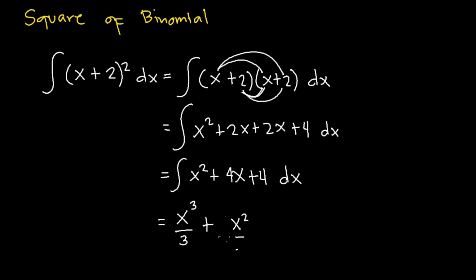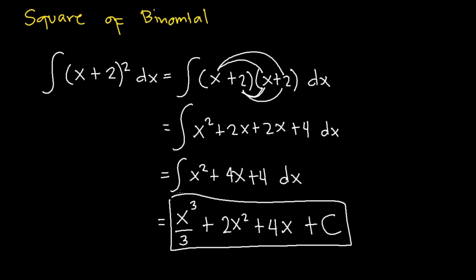So ato na lang ibutang nga 2x squared plus antiderivative of a constant is dungagan lang og x. So 4x tapos dili gid kalimtan ang c. So this is the antiderivative of x plus 2 quantity squared.